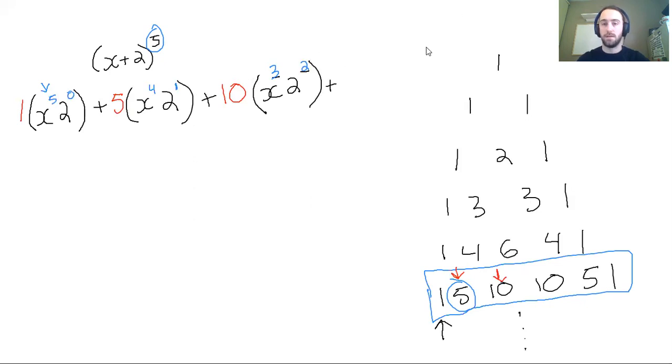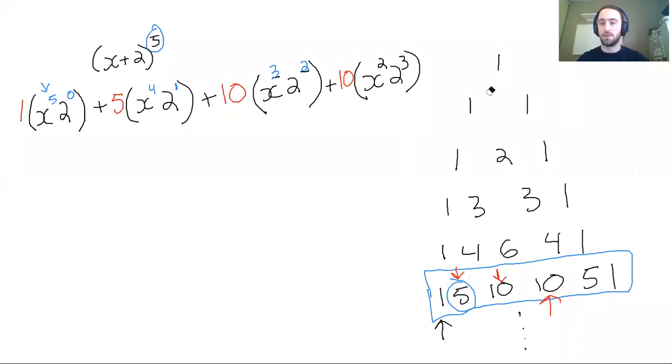Plus 10 again, because that is our next coefficient in our triangle. 10 again. And this time we have x squared 2 cubed.